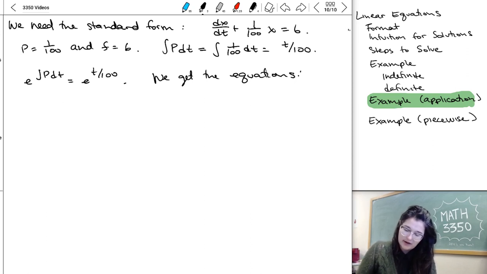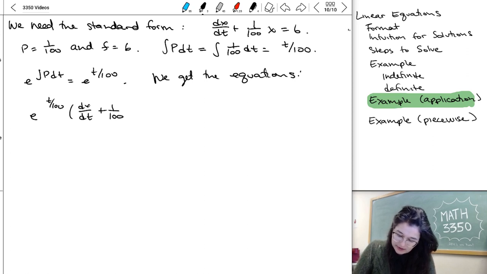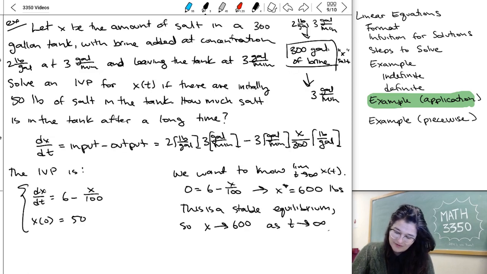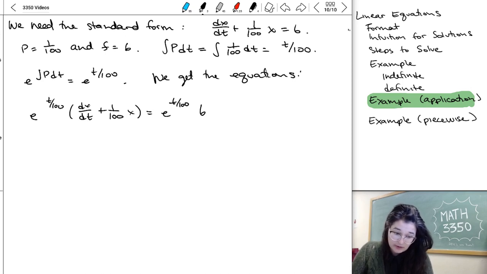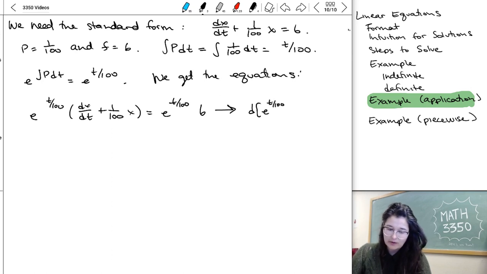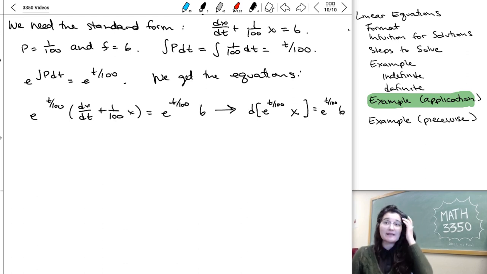Hold on, I'll write it out the regular way first. e to the integral t over 100, e to t over 100 times dx over dt plus 1 over 100 x is equal to e to t over 100 times 6, which takes us to e to t over 100 times x instead of y now, and then the right hand side is unchanged. That's just that chain rule product rule step.